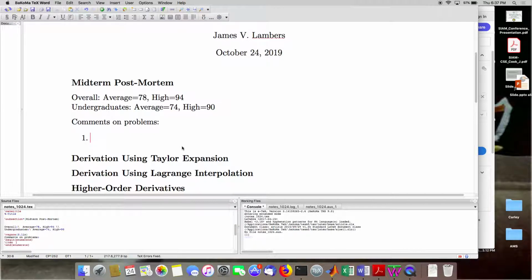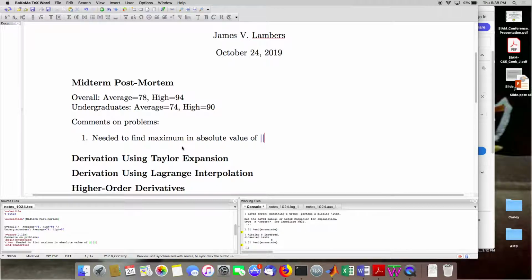The procedure for working problem number one in particular, which was also described on a practice test as well as during the review, needs to find the maximum in absolute value of f^(n+1) at an unknown point.